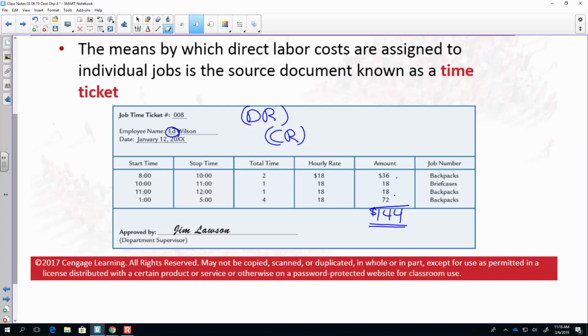I think he's in the assembly, or they don't say. What do I debit, guys? No, not for direct. Where did I go with my materials? Yes. Work in process inventory.